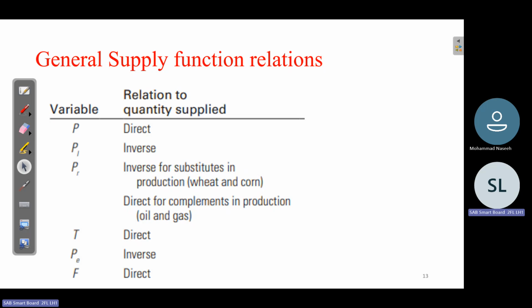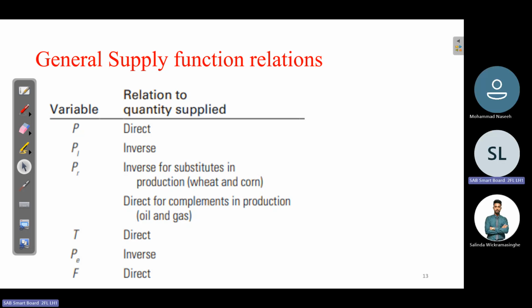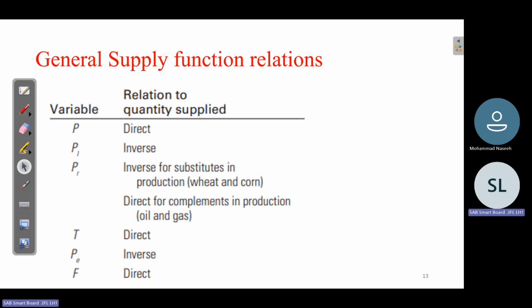Substitutes in production means, by making minor changes to the production process, one product or another product can be produced with the same production process. Carefully listen. Those products we call substitutes in production.